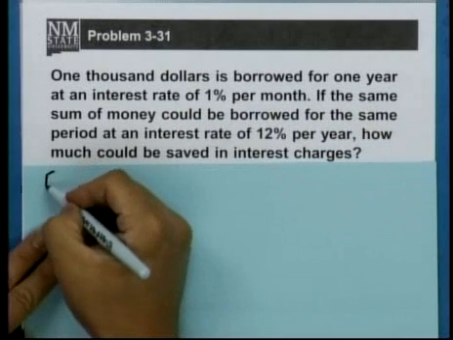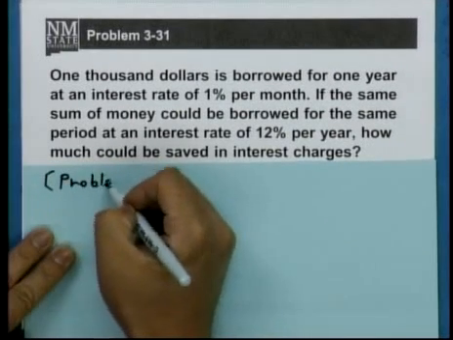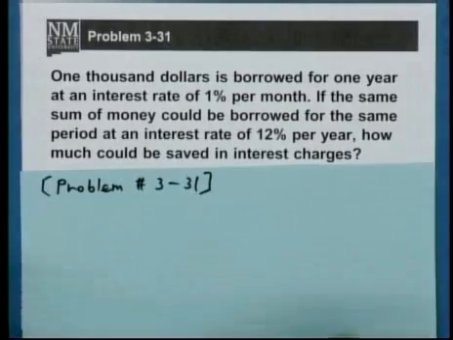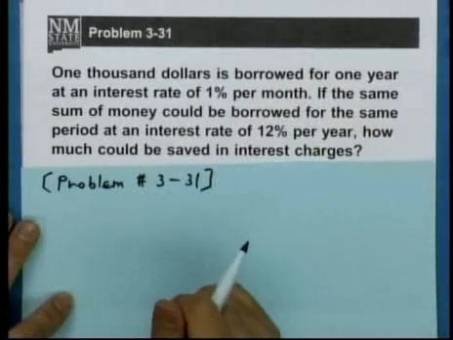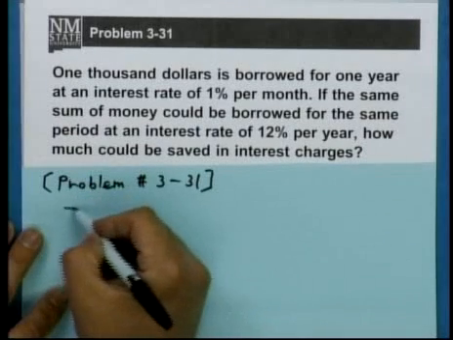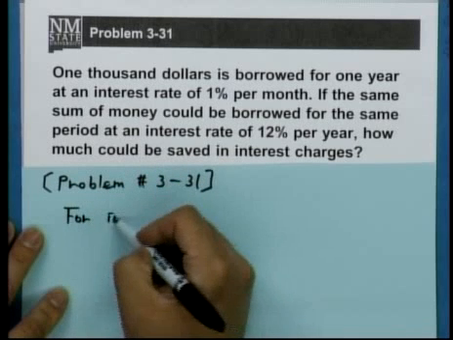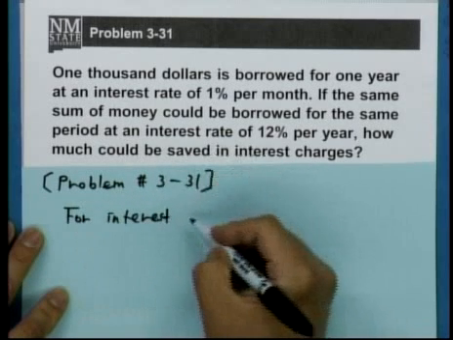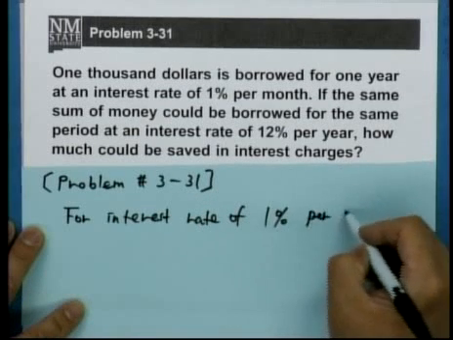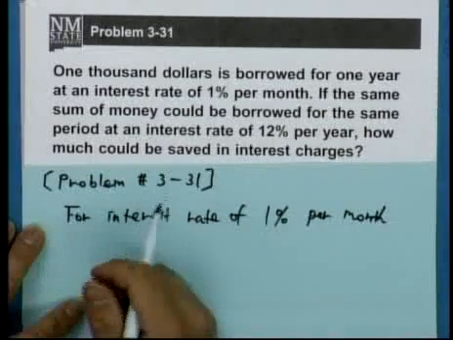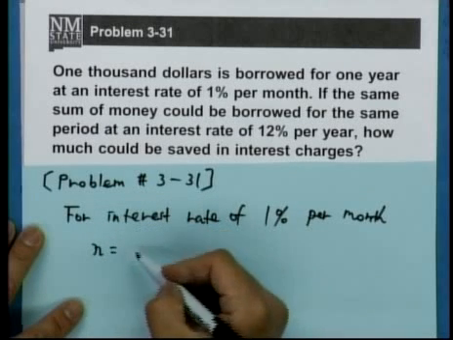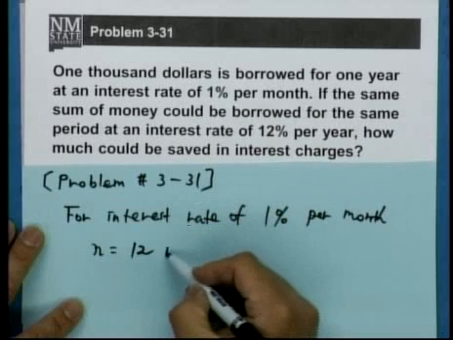So we are solving problem number 3-31. For an interest rate of 1% per month, let me write down, n equals 12 months.